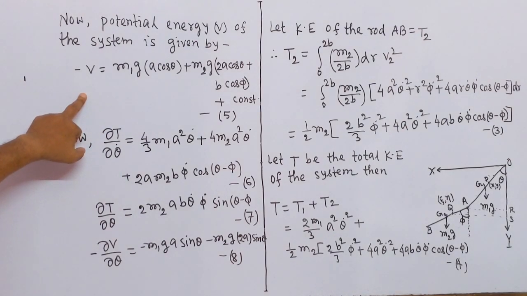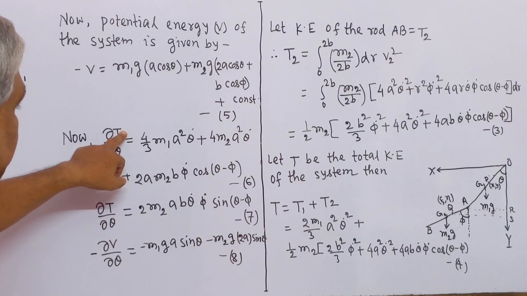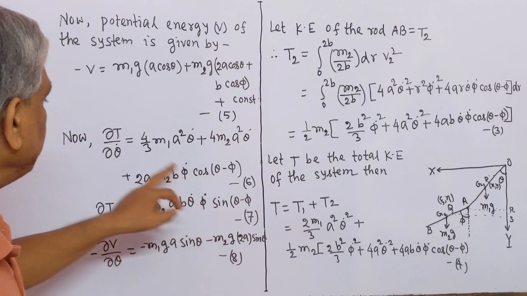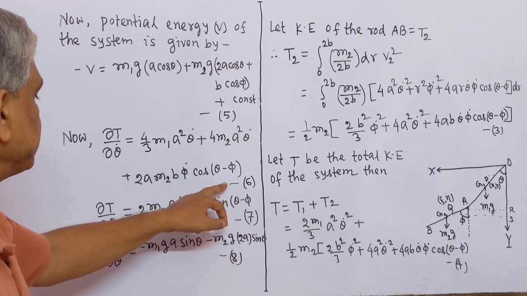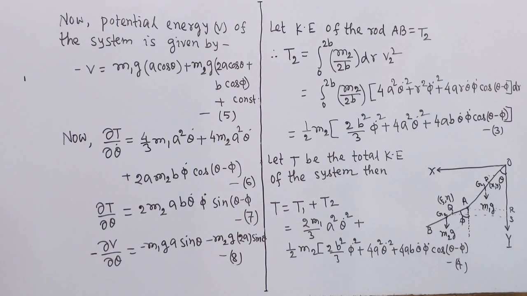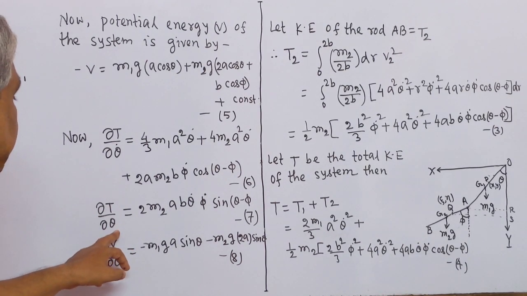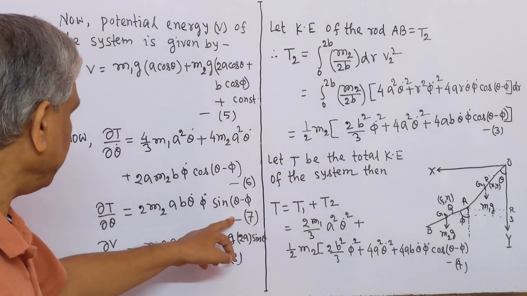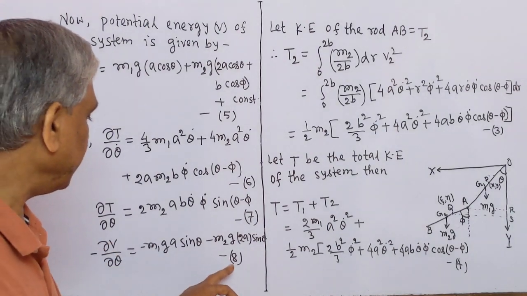Now we find the partial derivative of kinetic energy T of the whole system with respect to theta dot, and we get equation 6. We find the partial derivative of T with respect to theta, we get equation 7. We find the partial derivative of V with respect to theta with negative sign, equation 8.